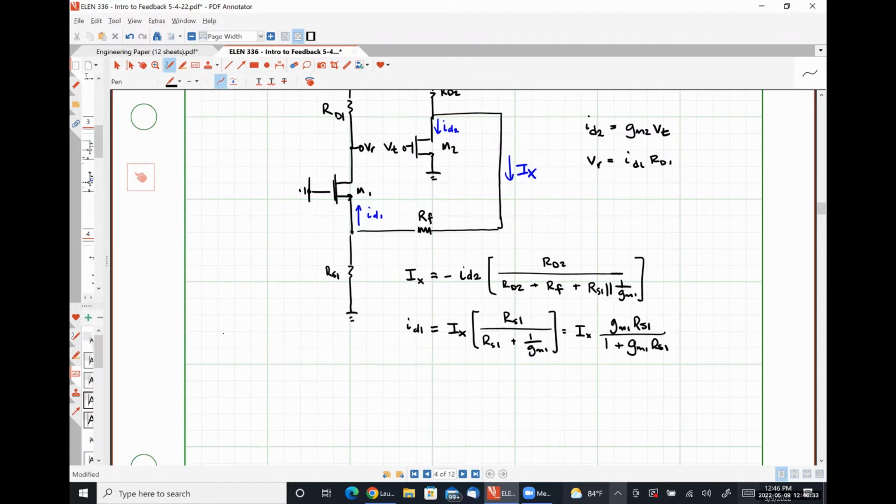So VR is equal to ID1, which is IX, which is ID2.